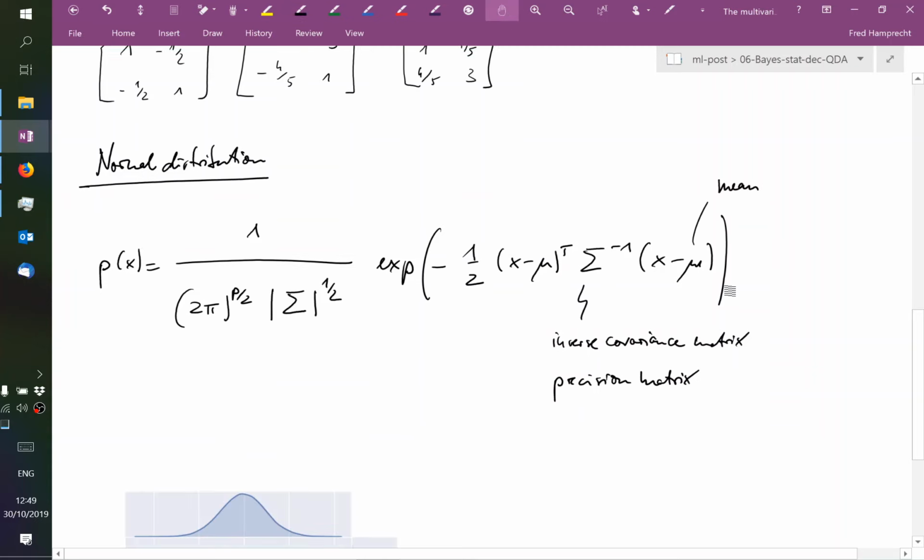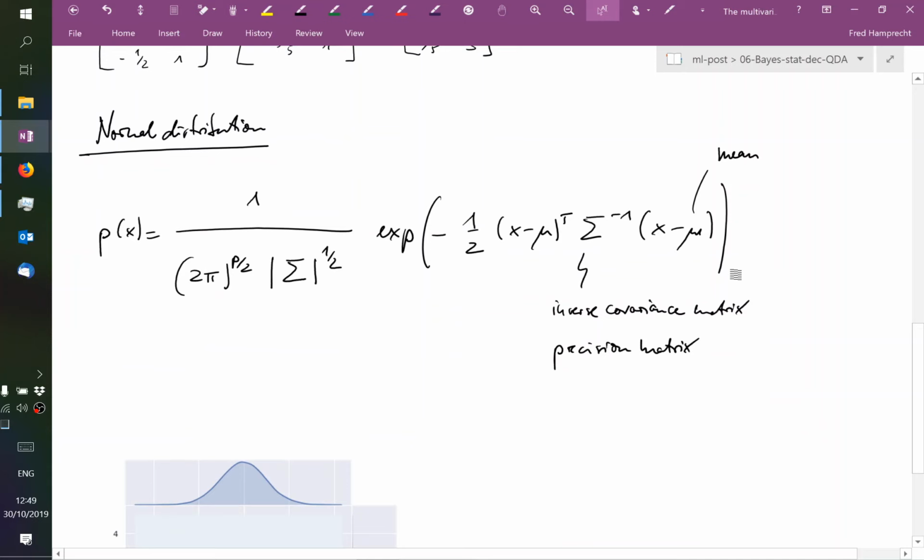Whence this name? Well, if I have a big spread, then I have, in a sense, little precision in the spatial localization, okay, and vice versa. And of course, if my covariance matrix becomes big, then by taking this inverse operation, the precision becomes small, and the other way around.